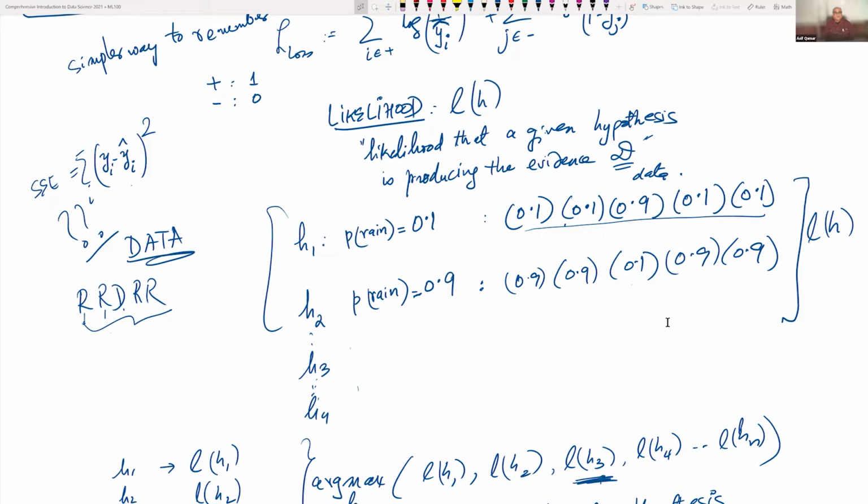So suppose you have evidence, data says rain, rain, dry, rain, rain. You may have two hypotheses. You may be in, let's say, Phoenix, Arizona, or you may be in Seattle, Washington. If you are in Arizona, then the total cumulative probability, the joint probability, of this happening, based on your initial hypothesis that chances of rain is just 10%, will be much lower.